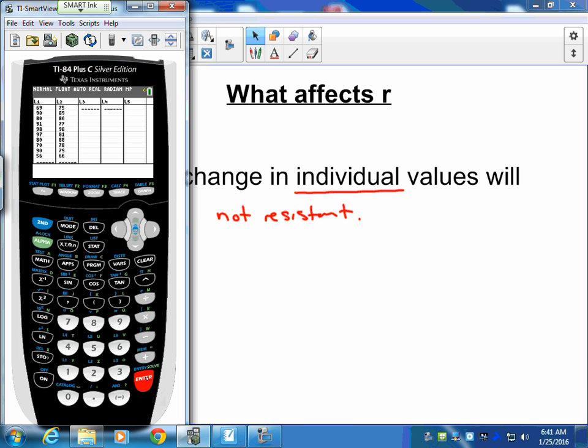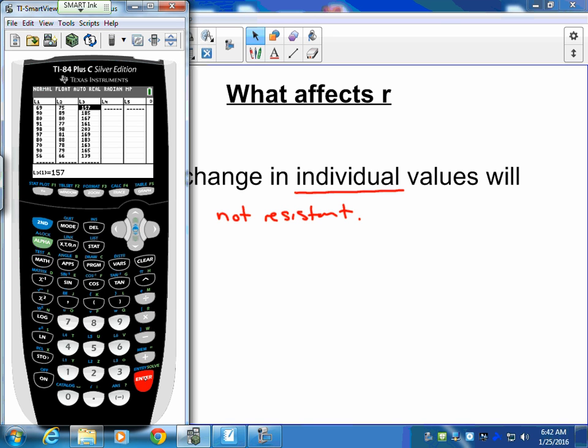Okay, just one more quick show here. I'm going to go into stat edit. I'm going to make a new list where every one of my L2 values, so I'm going to do enter so I can type into an equation. I'm going to do 2 times my list 2 values, and then add 7 to each of those.